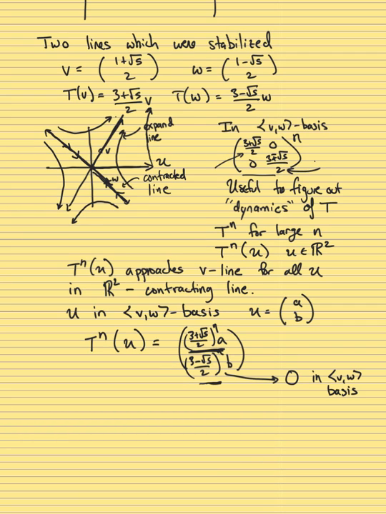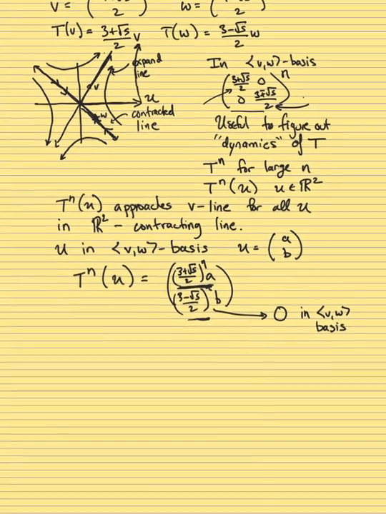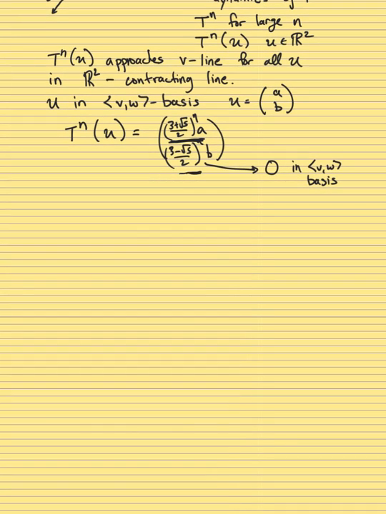Okay? So let me do another example that we've seen before, which is [2, 1; 1, 2]. Again, we worked out in a homework that this was similar to [3, 0; 0, 1]. In this case, the basis was (1, 1) and (1, -1).